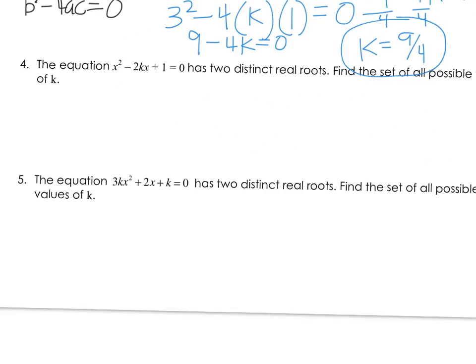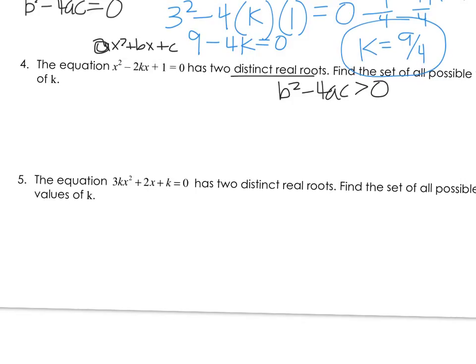Okay, the equation x squared minus 2kx plus 1 has 2 distinct real roots. If it has 2 distinct real roots, that means b squared minus 4ac has to be greater than 0. So if we identify this as ax squared plus bx plus c, to find all possible solutions, we substitute in our values.